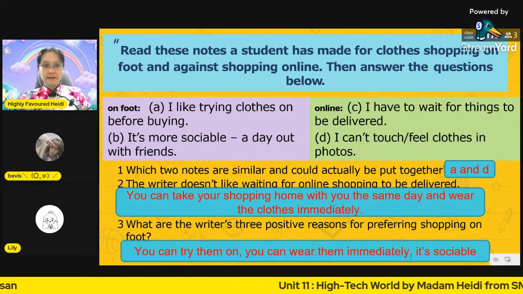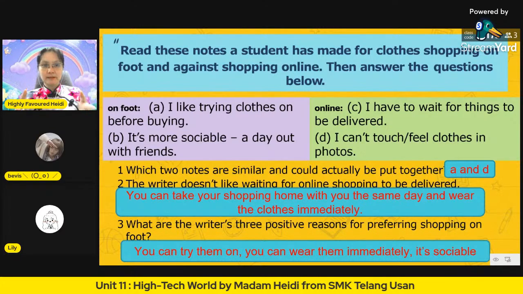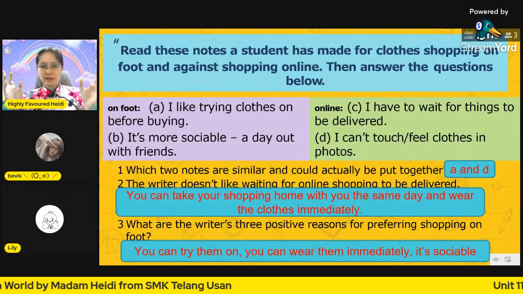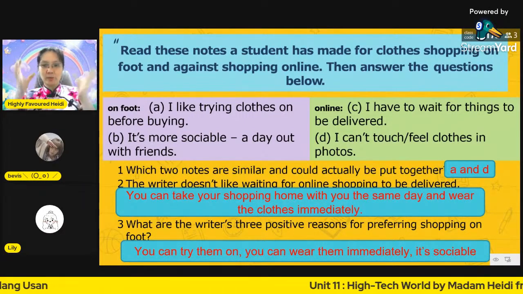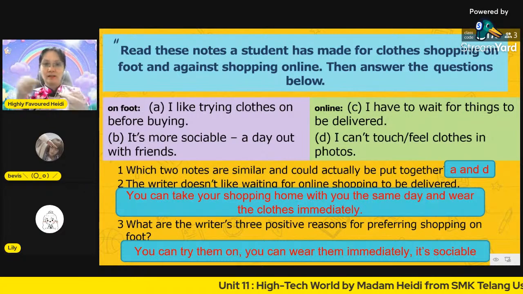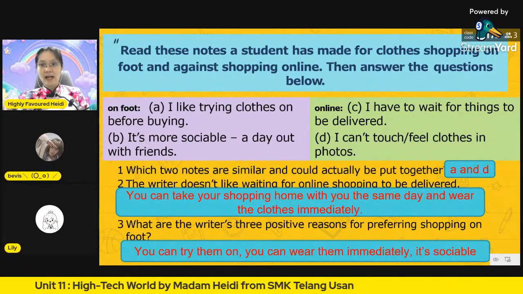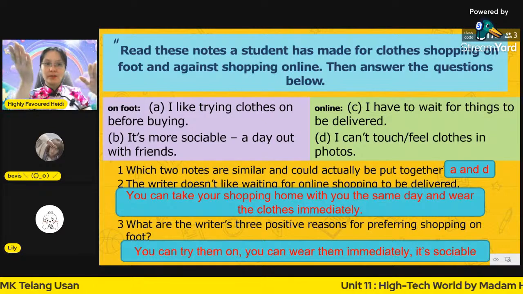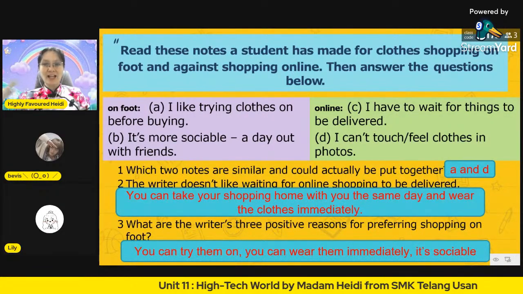And then the second one, of course, you can see that this writer prefers shopping in shops, because it's the same idea again. You can take home whatever you purchase on the same day, no need to wait, which is the opposite of what this writer says: I have to wait for things to be delivered. So when this writer writes it in a positive way, she wants to go against 'I have to wait'.